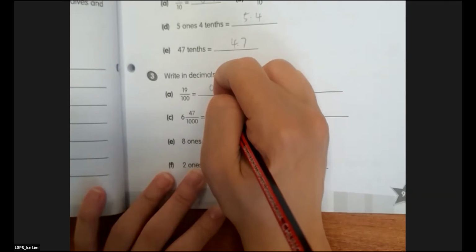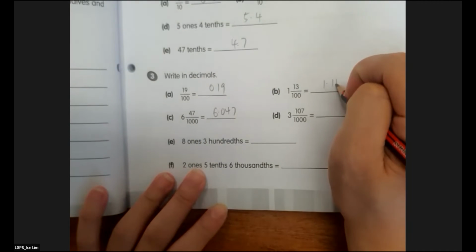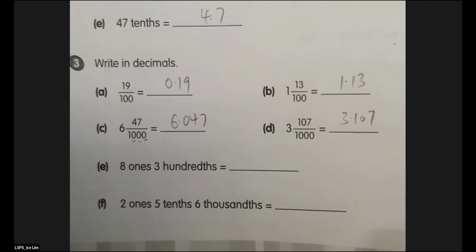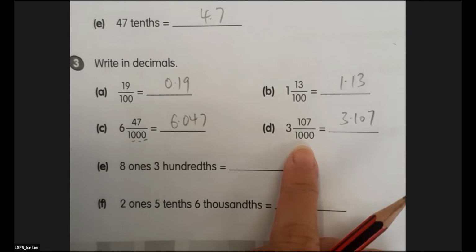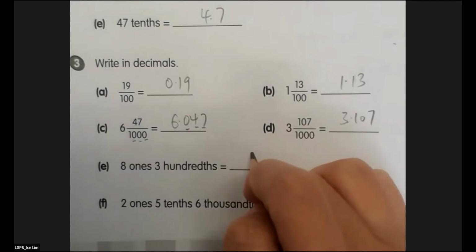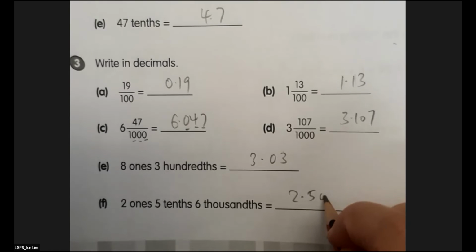Question 3, 0.19, 6.047, 1.1, oops, 1.13, 3.107. The trick for this was pay attention to the number of zeros at the denominator of the fraction to know how many places. Then 3 ones and 300s, 2 ones, 5 tens, and 6 thousands.